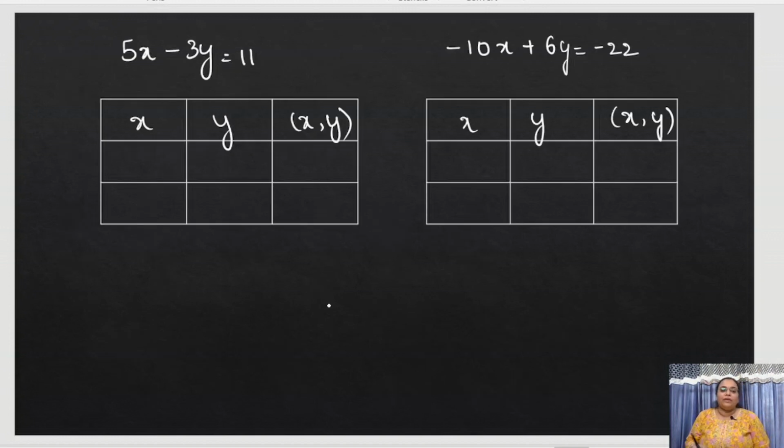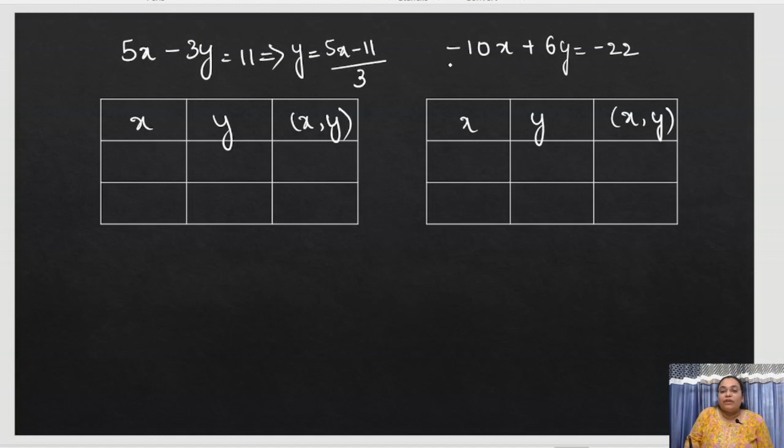So see here, if I want the y value, you will take y equals 5x minus 11 by 3.